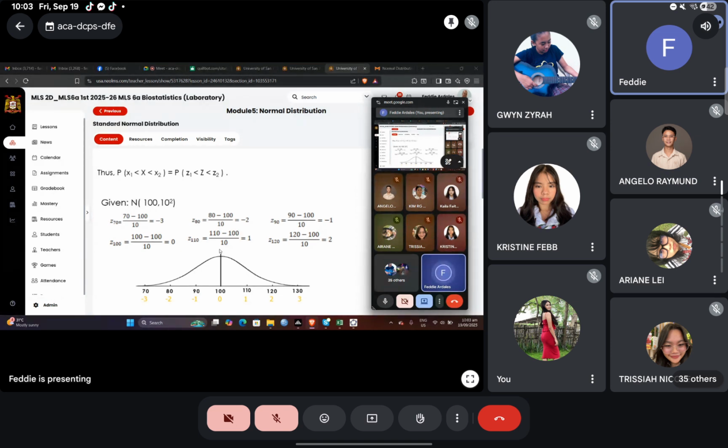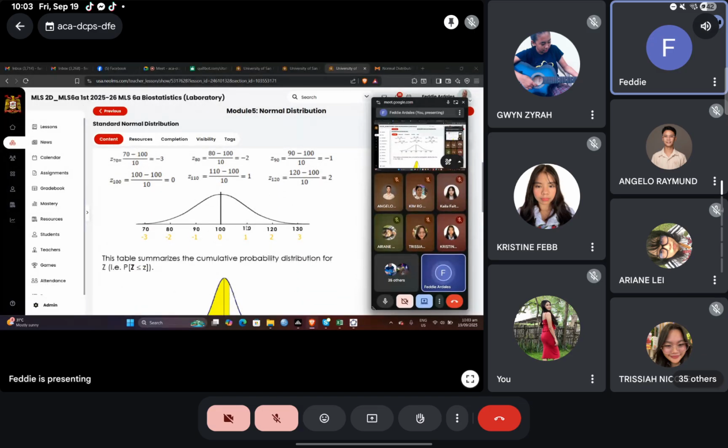If you look at the graph below, this normal curve is translated into the standard normal distribution. So instead of writing the mean and the standard deviation, we make use of z-score values there. So that is the standard normal distribution.